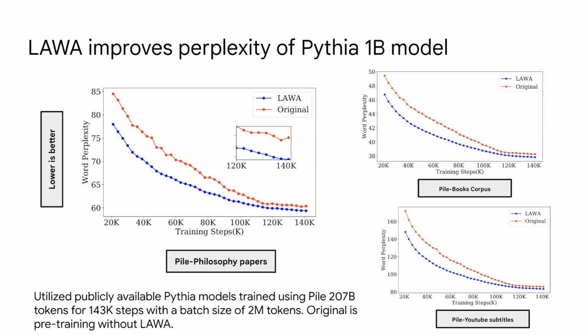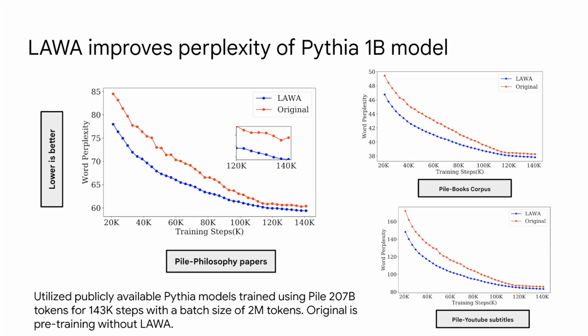As we were discussing earlier, two of the papers suggested that if you want to do compute-optimal pre-training, you can early stop. So let's say we stop at 75% of the training, which becomes 105K steps.